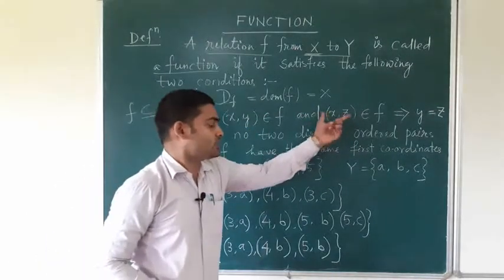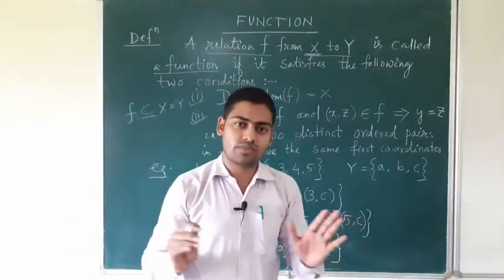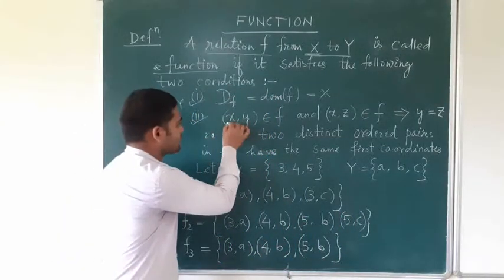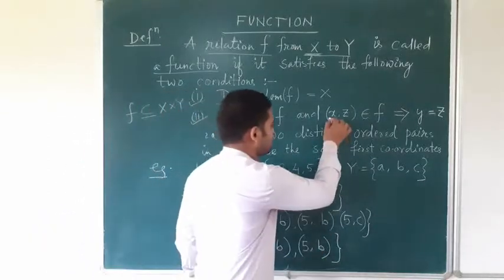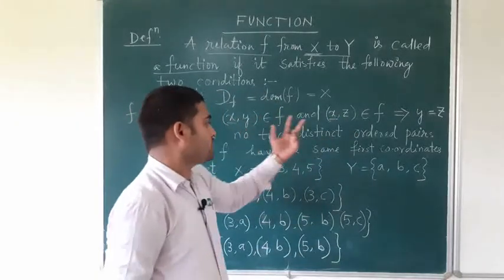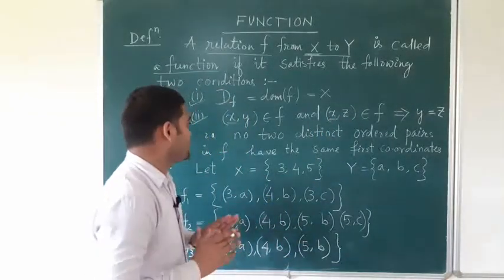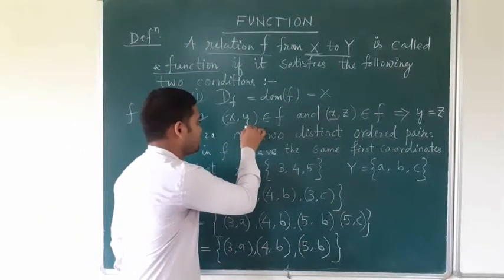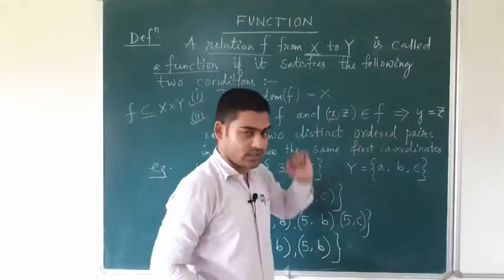Okay, and the second condition is, if (x, y) and (x, z) are two distinct ordered pairs, then here you see the first coordinate is the same, the first coordinate of this ordered pair and of this ordered pair is the same, and the second coordinate is y here and z there.